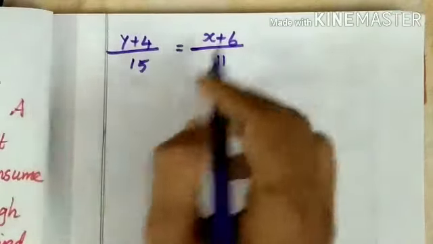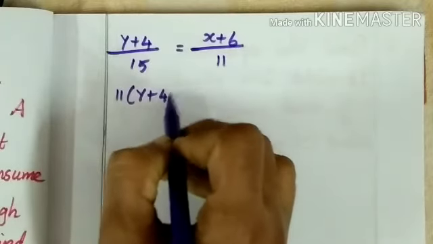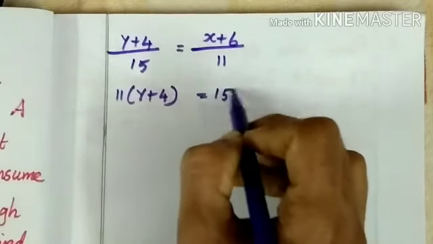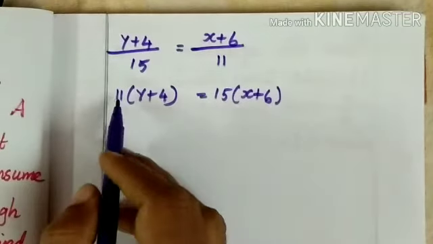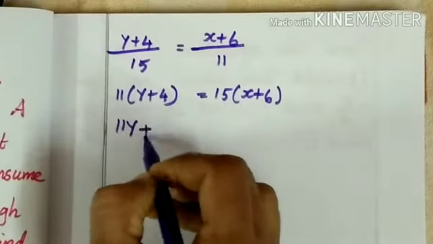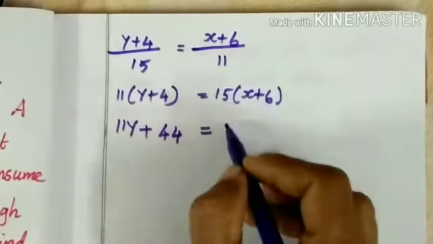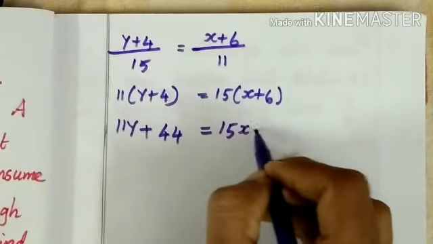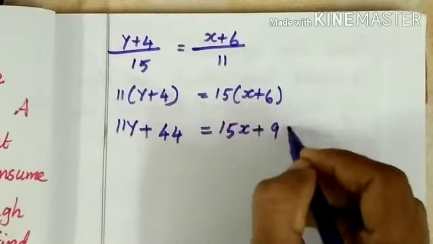Cross multiply this, means we get 11 into y plus 4 is equal to 15 into x plus 6. That is 11y plus 11 into 4, 44, is equal to 15x plus 15 into 6, 90.